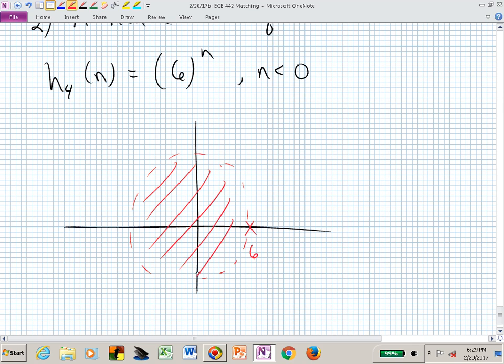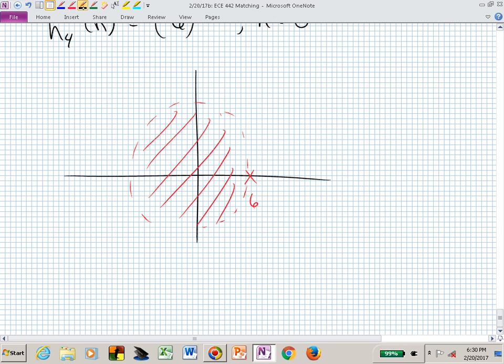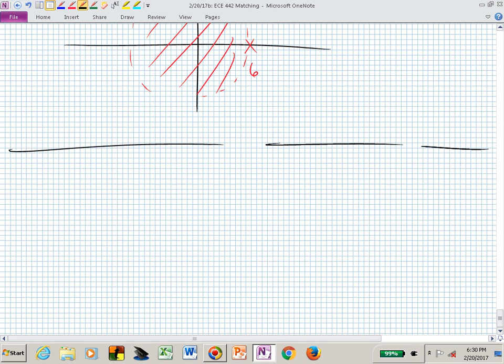My region of convergence is bounded. And now I have 6 raised to higher and higher, more and more negative powers. -1, -2, etc. So now I have 1/6, 1/36, etc. You should all be experts now on region of convergence and bounded behavior of waveforms and how to come up with examples.